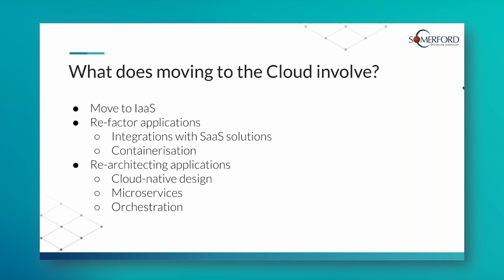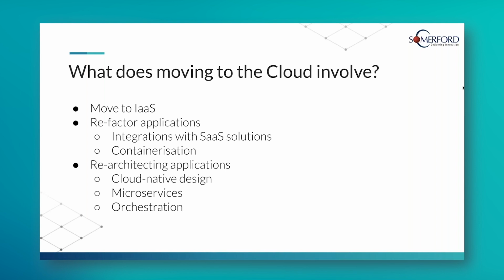Well, in the first instance, you might look at infrastructure as a service, okay, looking to reduce cost of infrastructure by only using, or paying for, infrastructure that you're actually using. And after that, the next step might be to start refactoring your applications, integrating with software as a service solutions, and looking at containerization.